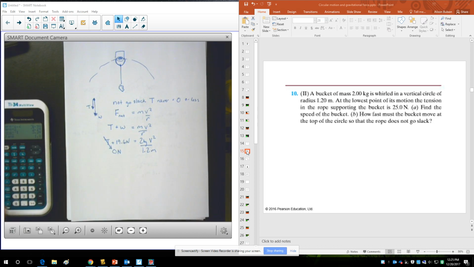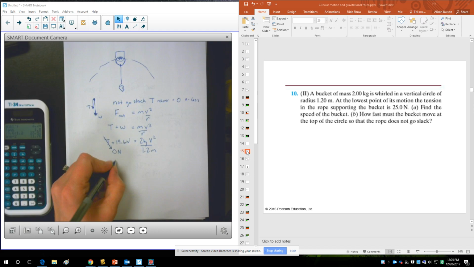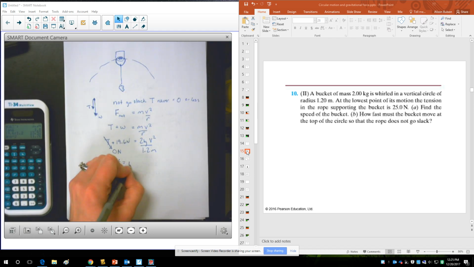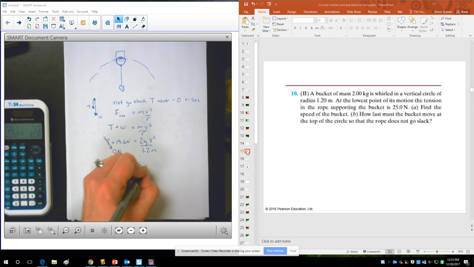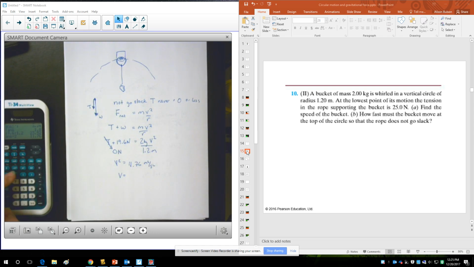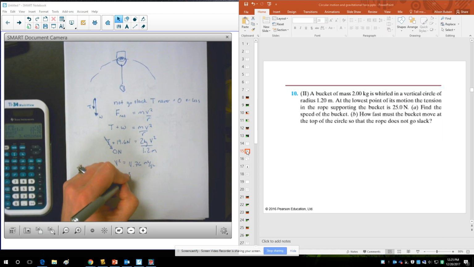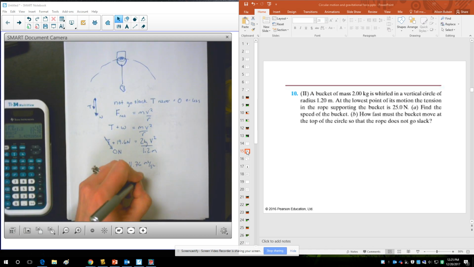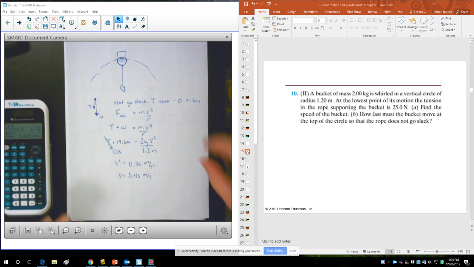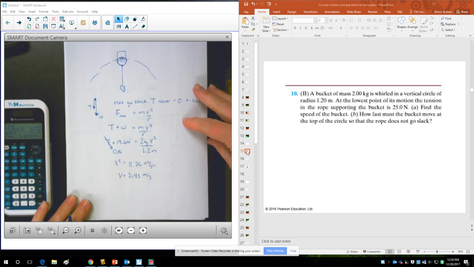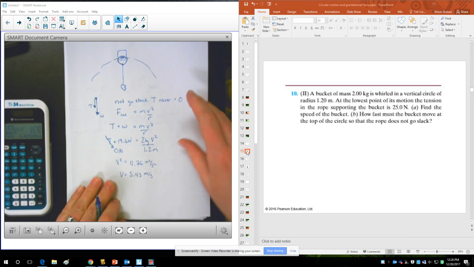Now I solve for v. So 3.43 meters per second is the minimum speed to keep that rope from going slack.